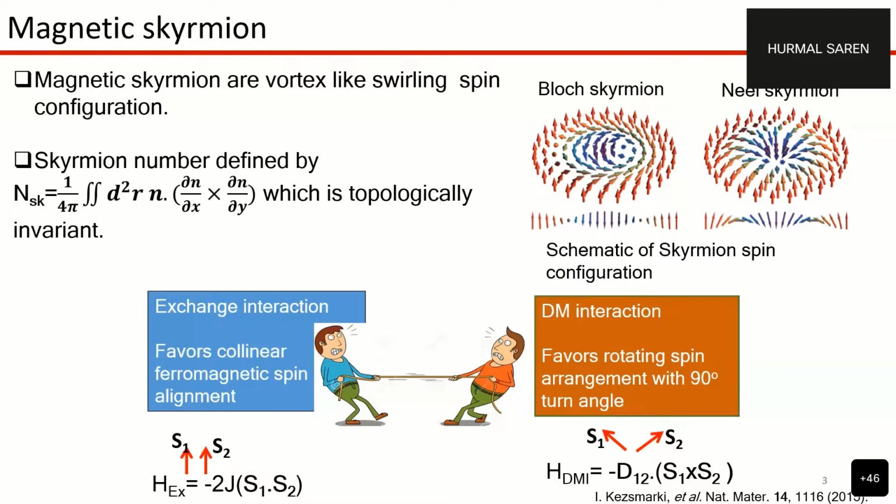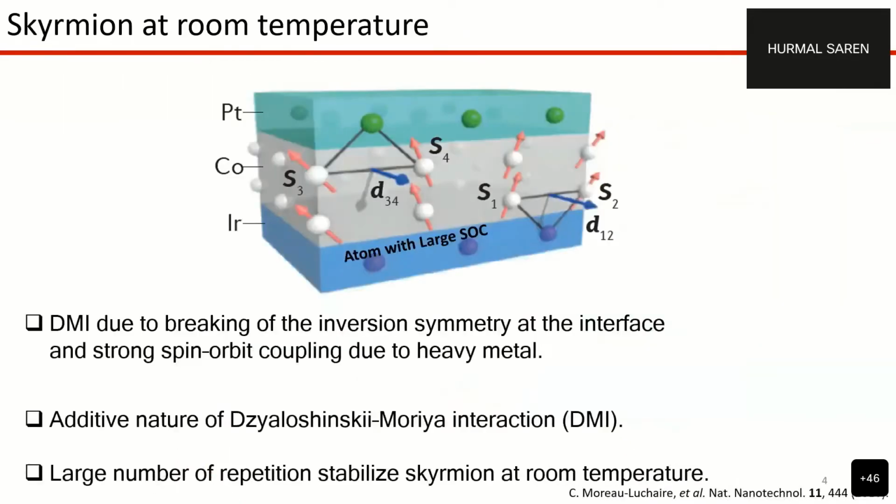So when there is a trade-off between these two, a spin spiral is formed, and upon applying the magnetic field, we can get skyrmion. Initially, skyrmions were observed at very low temperature and in a certain magnetic field range, but with the advancement of technology, we can now see skyrmions even at room temperature.